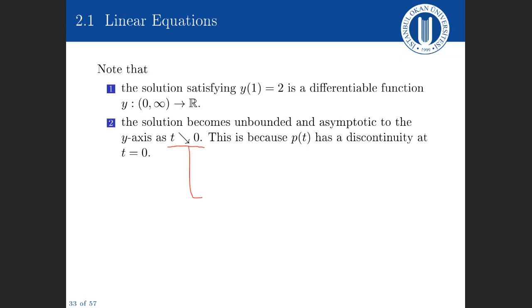If you're unfamiliar with this, t decreases to 0 is the same as saying t tends to 0 from the right. And the reason this occurs is because our function p of t, which was 2 over t, has a discontinuity at t equal to 0.